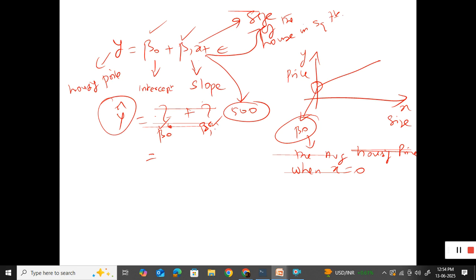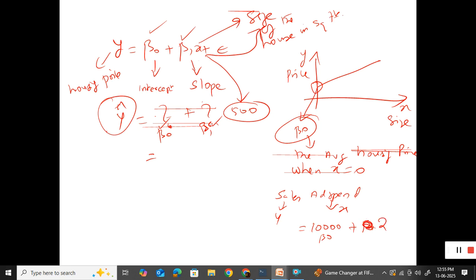Here I will write that example also. Another example is sales and ad spend. This is my x and this is my y. In this case, my beta naught is 10,000, and my beta 1, the slope, is 2.